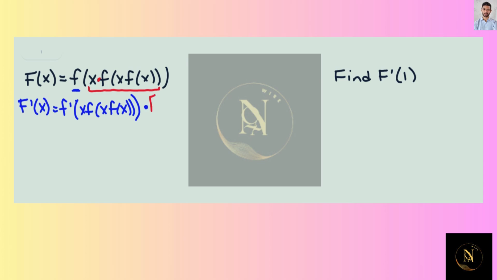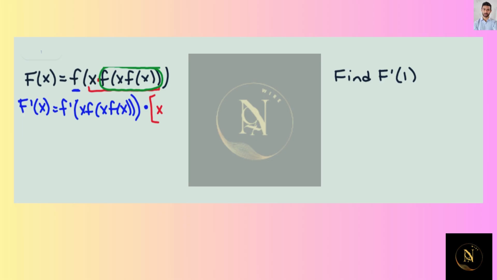So we have the first x times the derivative of the second. Well, here comes the next implementation of the chain rule, because the derivative of the second is going to be the derivative of this f of x times f of x. Okay?